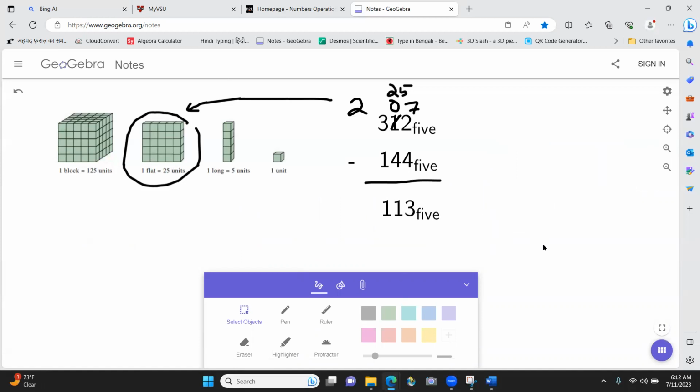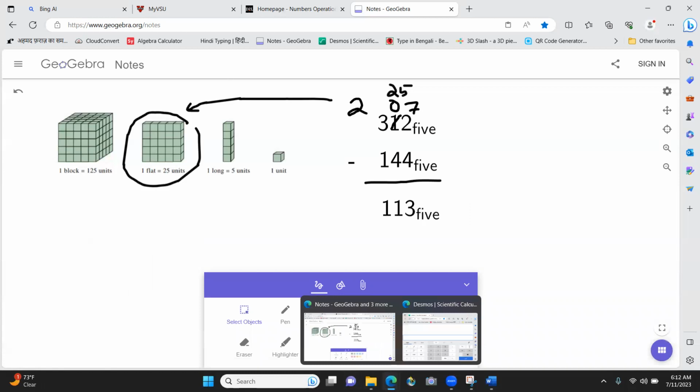Now let's check our answer. Okay, I'm going to use my calculator. I'm going to show you how you can check your answer so that before you're done with your exam, you know that you got it right.